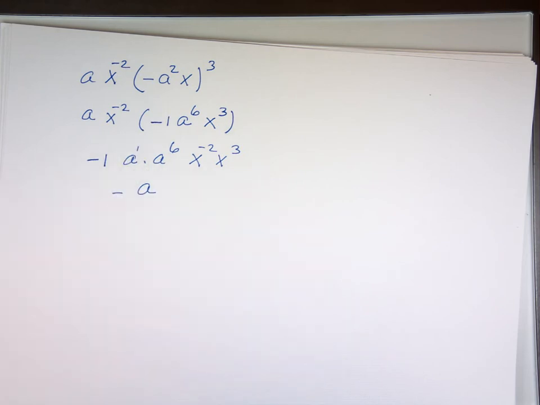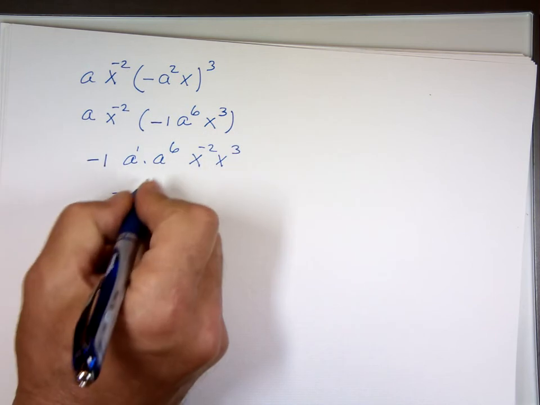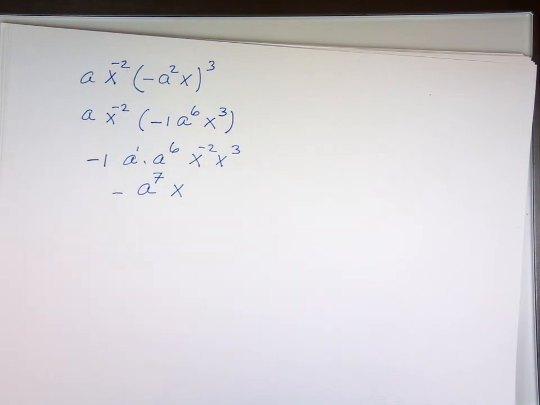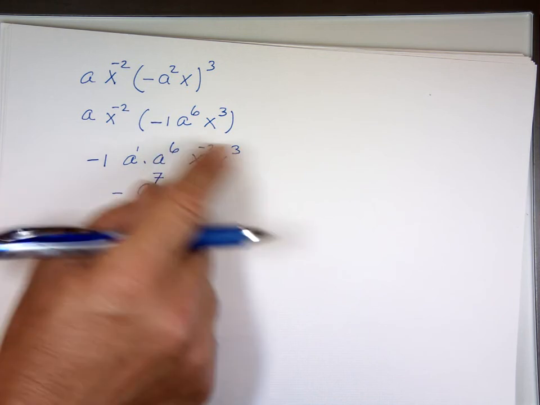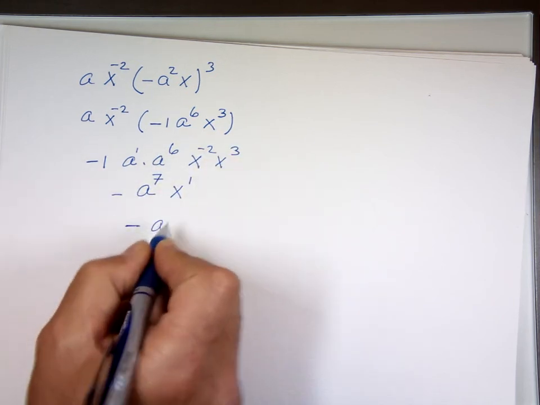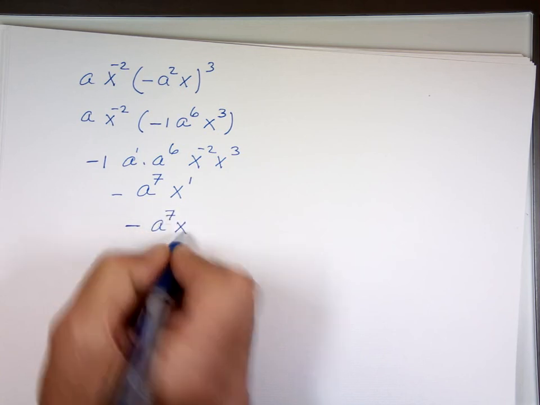What's 1 plus 6? 7. X to what power? 1. You add the exponents. Negative 2 plus 3, which is 1. And normally you don't put the 1 there. That's my answer.